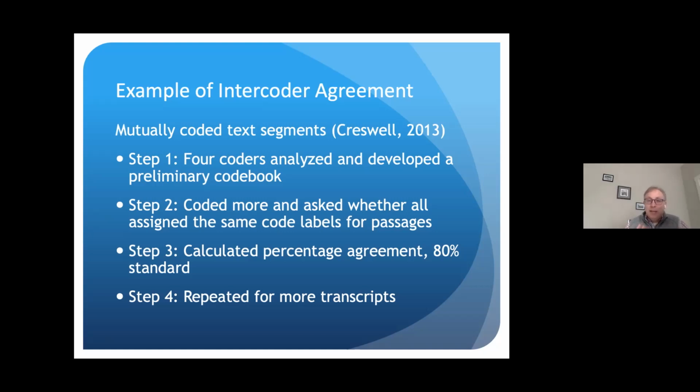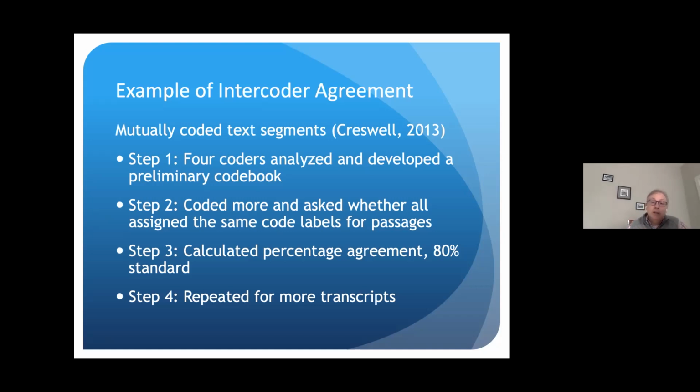But again, I think it's really important to recognize the limitations of that number and of that percentage, just because it's really hard to tell whether that overlap can be counted as an agreement or not. Now, if you don't have a code book to start, it gets even tougher.